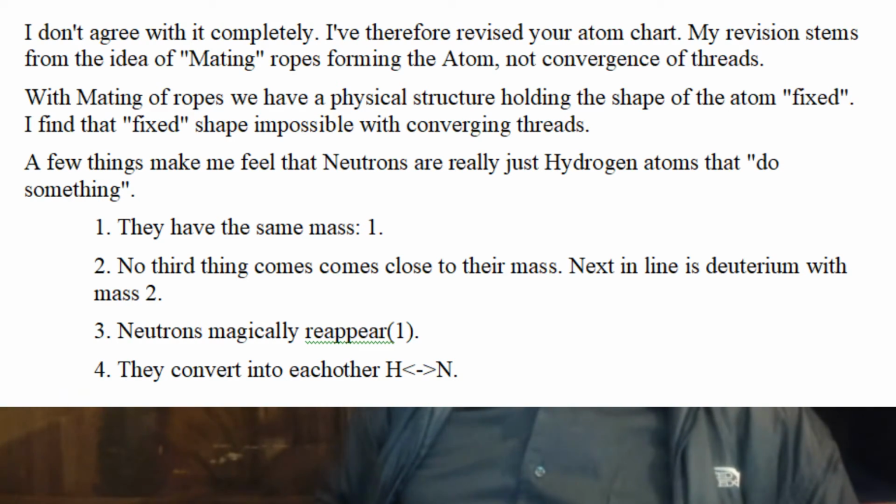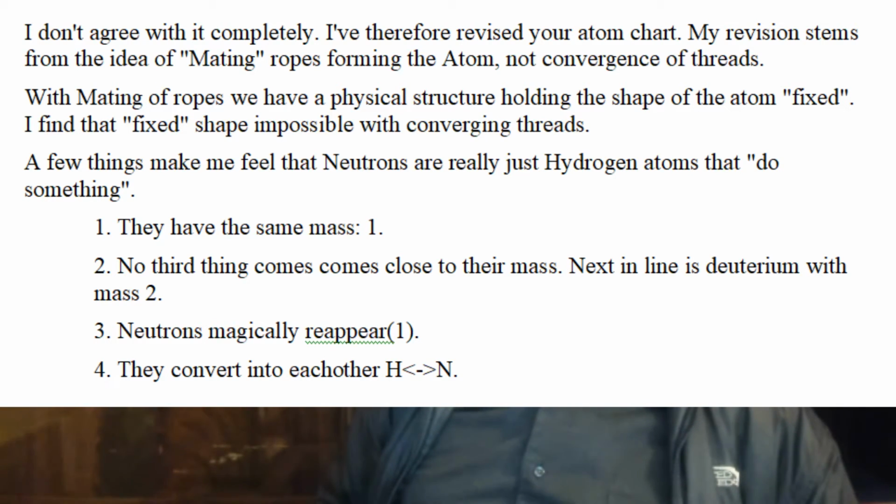And he says, with mating of ropes, we have a physical structure holding the shape of the atom fixed. I find that fixed shape impossible with converging threads. I think what he's saying, I'll try to put words in his mouth again, is that he doesn't like the idea of the two threads forking out at the electron shell and one thread continuing to the center of the atom, and the proton in that case being made of a single thread, a bunch of convergence of threads.